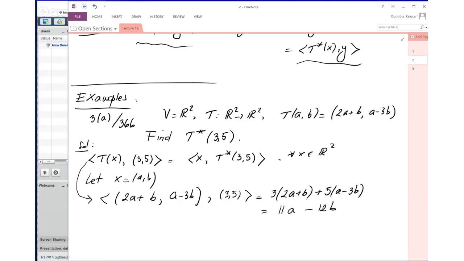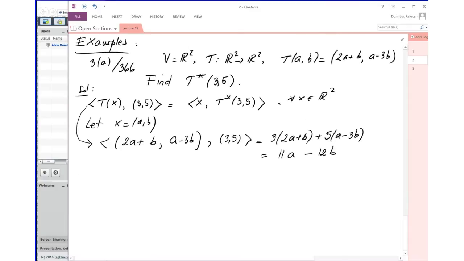That's the left side. Let's look at the right side. On the right side, we have the inner product between x, which is the pair (a, b), and this thing that we need to find. We don't know what it is, but the inner product between those two things should be equal to 11a minus 12b.